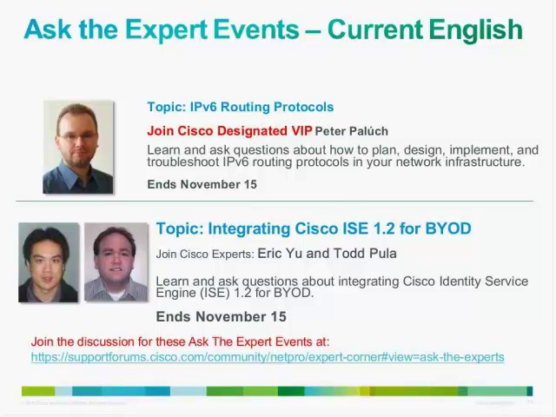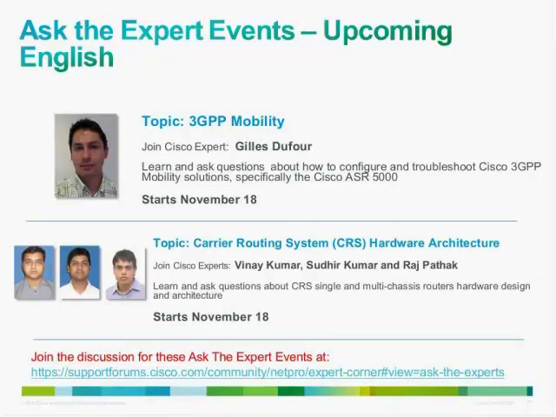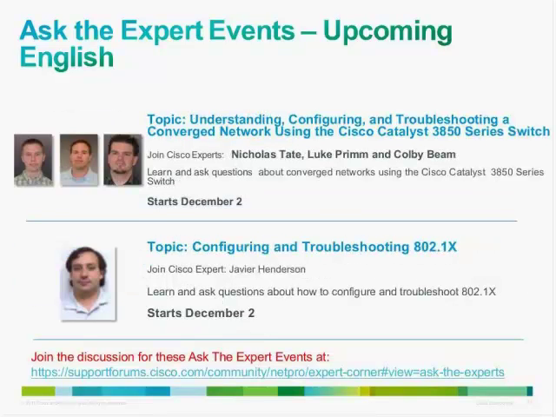We have some upcoming events in English as well. Starts November 18th, and that's an Ask the Expert event on 3GPP mobility. And the other event starting on November 18th, Carrier Routing System CRS Hardware Architecture. We have a few more events coming up in December, Ask the Expert events.